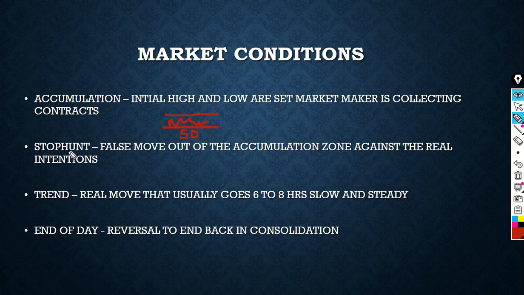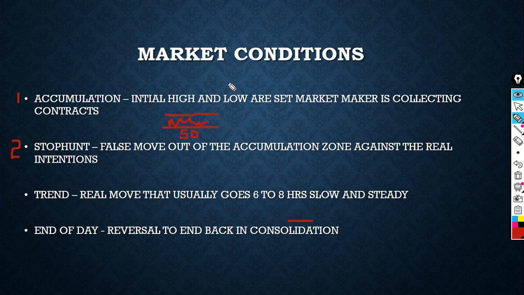So the stop and phase, which is phase number 2, this being our first phase and this now being the second condition. The stop and will be the false move out of the accumulation zone against their real intentions. So if today they want to drop price, they want to end the day lower, they will make a false move up.